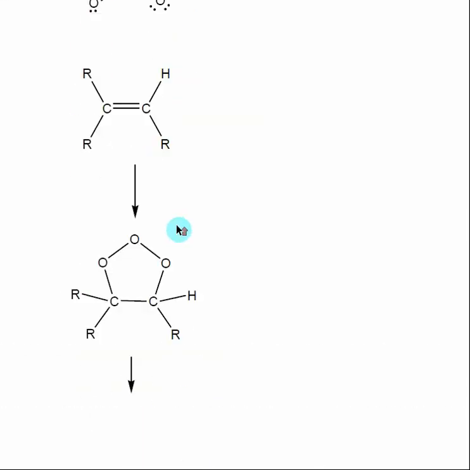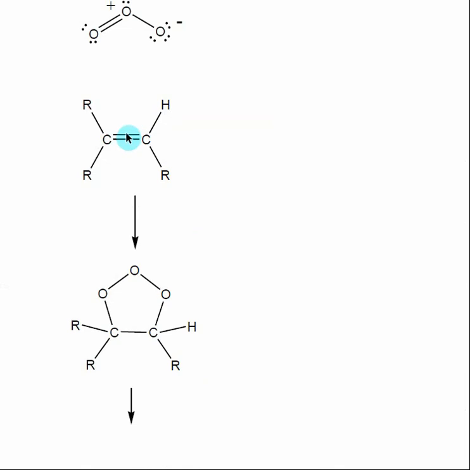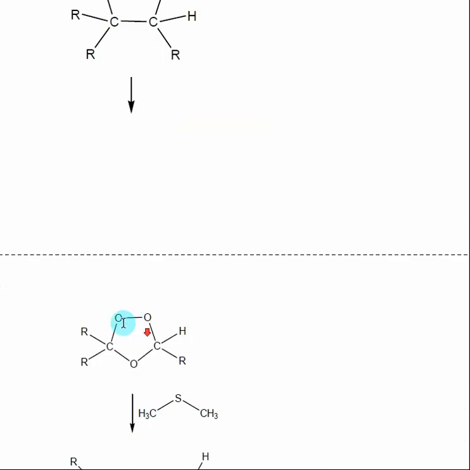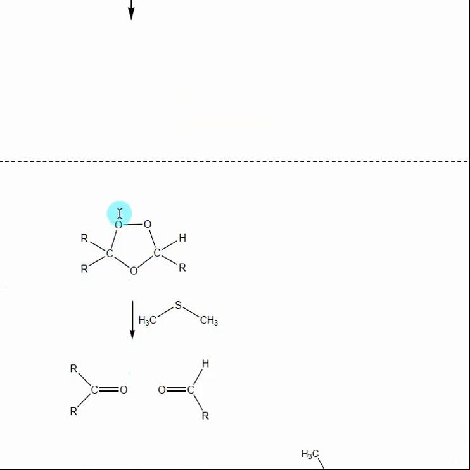So in two steps, in the first step we got rid of the pi bond, and there's still a sigma bond, the single bond, remaining. In the next step, by inserting an oxygen inside of there, we have gotten rid of the sigma bond. So we've completely separated these two carbons. We form this intermediate here, and then we react it with dimethyl sulfide, and that's what turns our intermediate into our products here with the carbonyl.